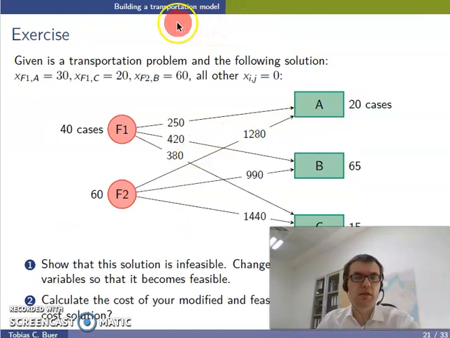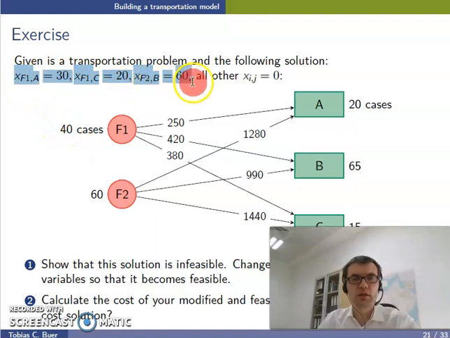Now here's a small exercise that should increase your understanding of this problem, your modeling abilities, and your abilities to read the formal description in terms of decision variables. We are given a solution here, and your first task is to show that this solution is infeasible given this input data.